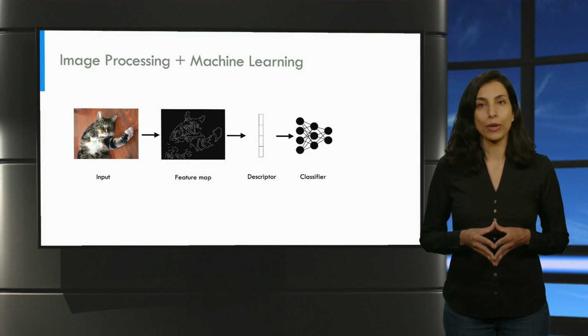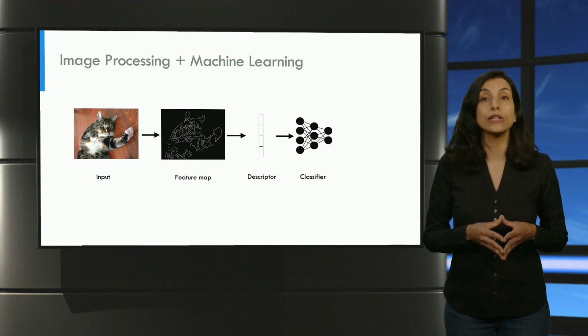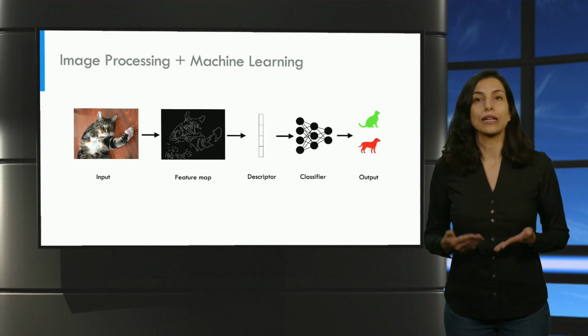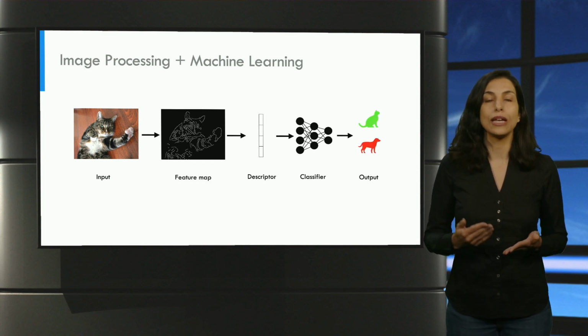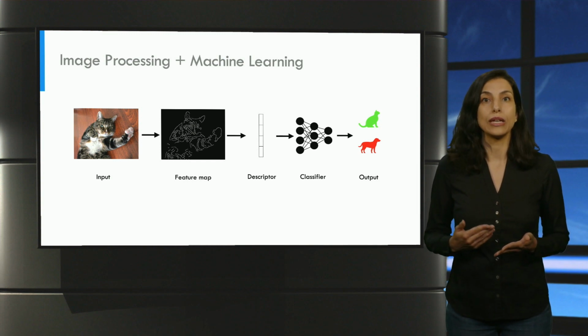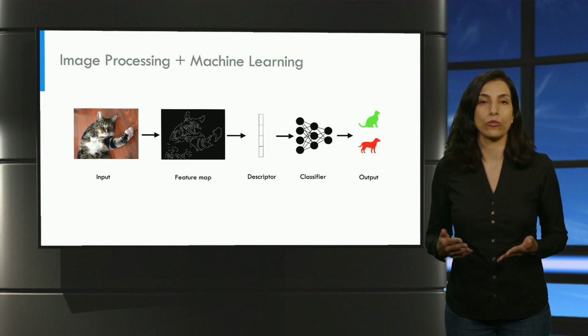In the next step, a classifier, for example, a multi-layer perceptron, is used to output the class labels. In our example, the classifier has been trained on a dataset of cat and dog images with class labels. This is a supervised learning framework.